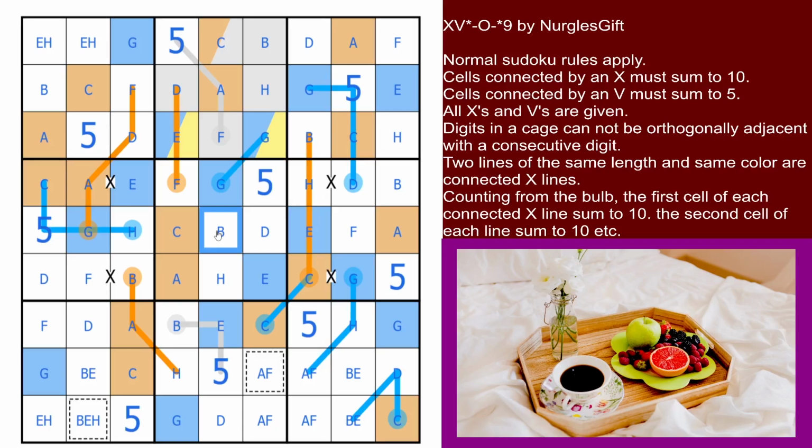Now what is happening here? How am I supposed to do this? E is small and G is its partner. So is there any EG? No. What about now?